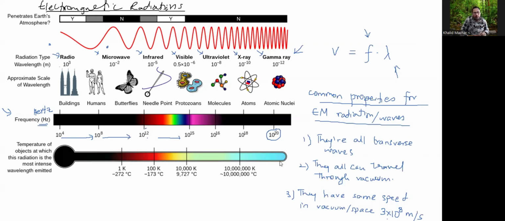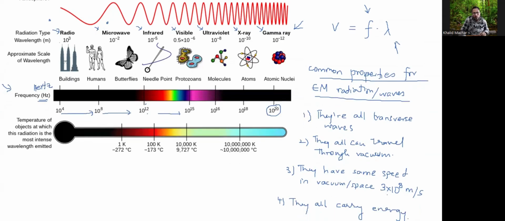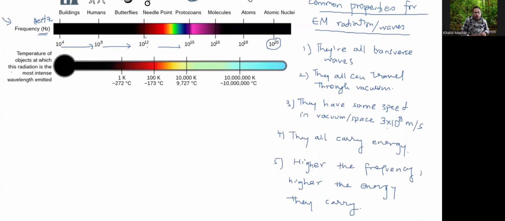So another thing that you must be aware of, if you look at the wave equation, like the one I showed, v is equal to f lambda. Since the speed is the same for all of them in space, we usually represent it with c for the electromagnetic radiation, because of their constant speed.